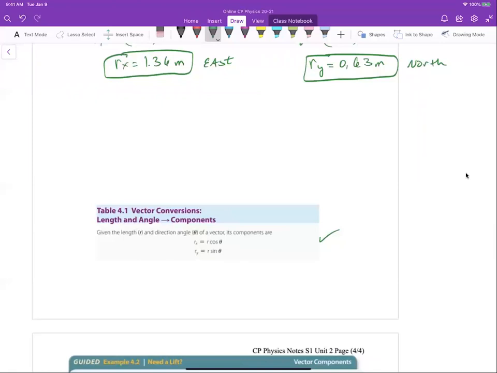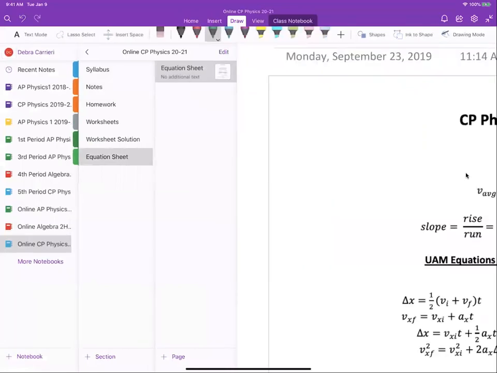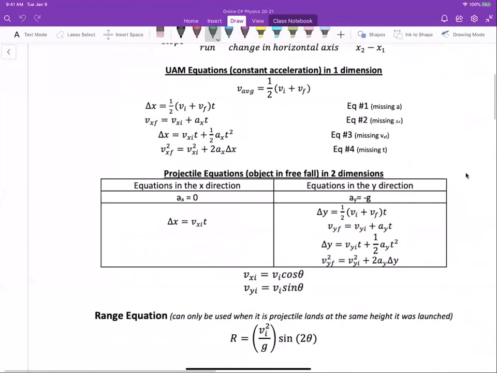In this particular text, they're not requiring you to use SOHCAHTOA extensively, but they've given you this equation. Do I give you this equation? Yes, I do. In this class, you'll have to find the initial velocity in the x and y direction, and I have broken it down for you on your equation sheet.